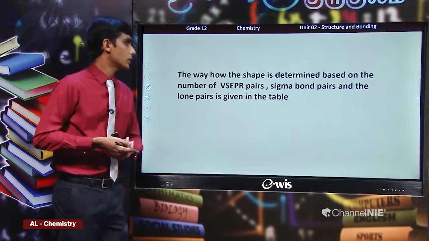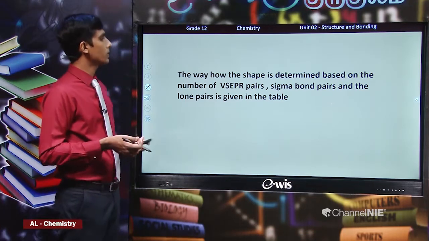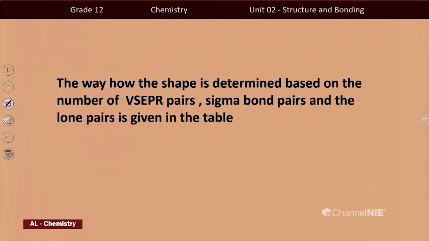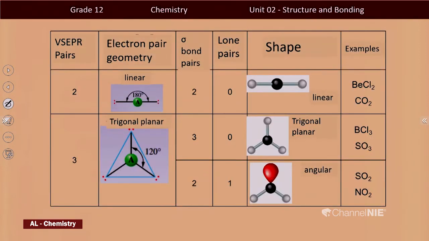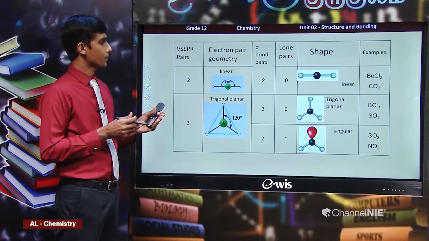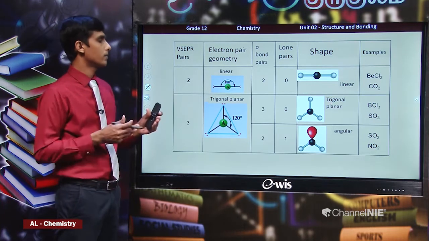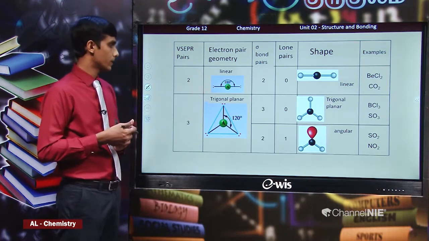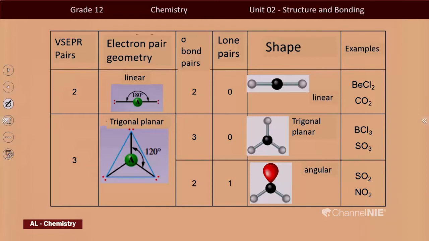Now, the way the shape is determined based on the number of VSEPR pairs, sigma bond pairs and lone pairs is given here. You can see the first one, VSEPR pairs 2, that linear arrangement I mentioned. Normally when you have two VSEPR pairs, both are bond pairs. Otherwise, having one lone pair and one bond pair, you will not get any particular shape, only one bond.